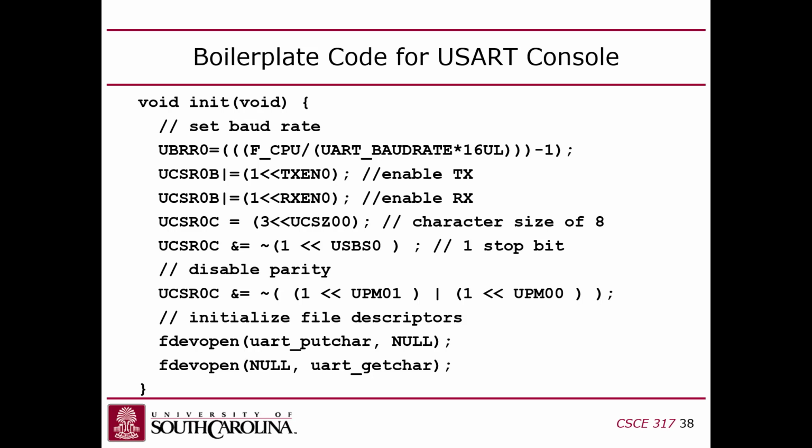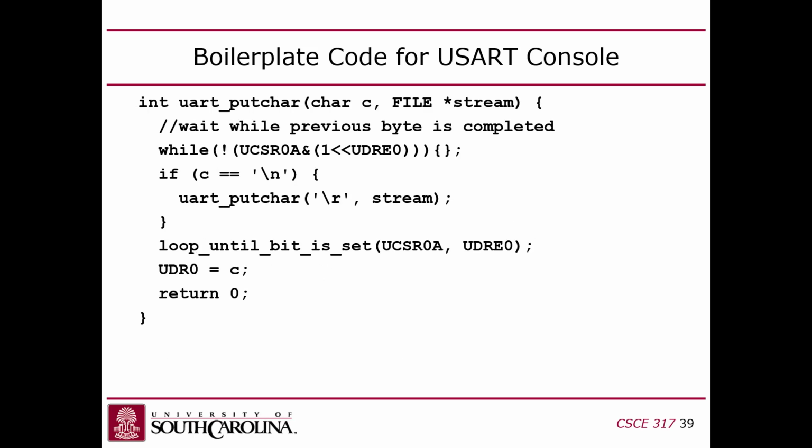But you send the pointers to those functions in the init function, and those functions are essentially what I showed you before, which is putting a character has a busy while loop, and then it waits for the transmit to be ready, and then it sends the C, whatever character you want to send, to UDR0. Now there's an additional bit here that looks for a new line character in your string. If you send a new line character, it replaces it with a carriage return and new line.